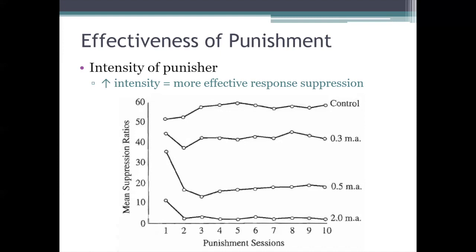And so the lower the suppression ratio is, the more effective the punishment procedure was. And as you can see, the stronger shocks tended to produce more suppression than the milder shocks did. So those stronger shocks were more effective, right? They weakened the lever pressing response more effectively than the milder ones did.